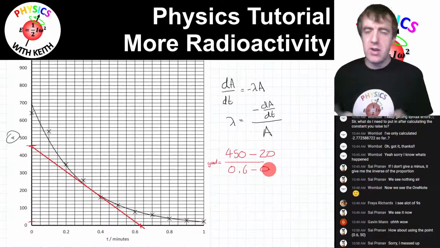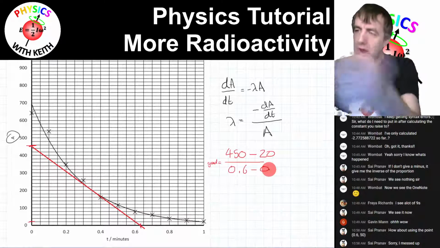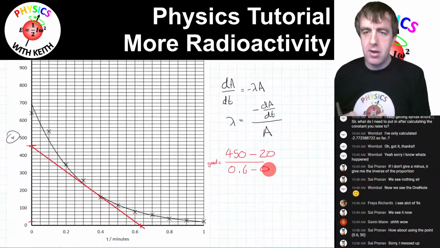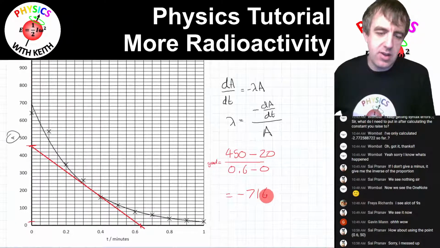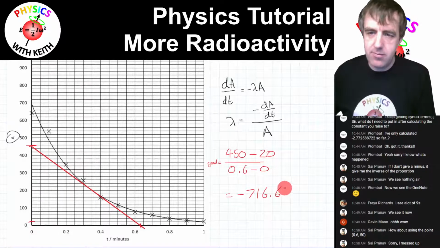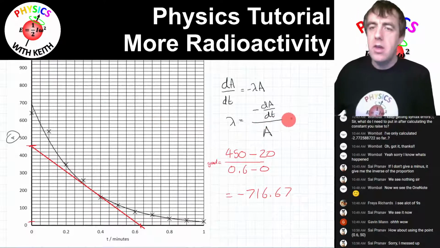And let's calculate the gradient. Okay, I should have the top numbers the other way around to get minus. I wrote them, committed to it, and I've got it the wrong way around, but it doesn't matter. Pranav says everyone messes up. So my gradient's actually minus 716.6, and so on.